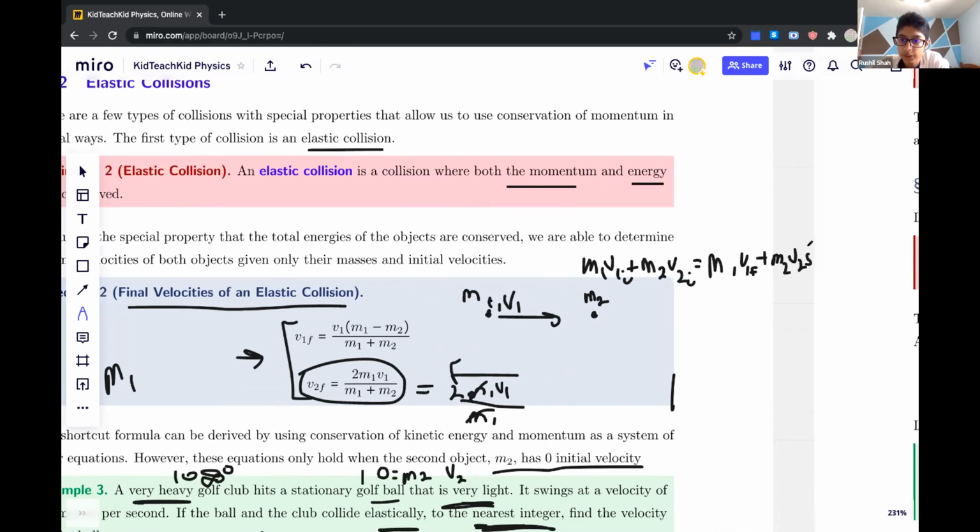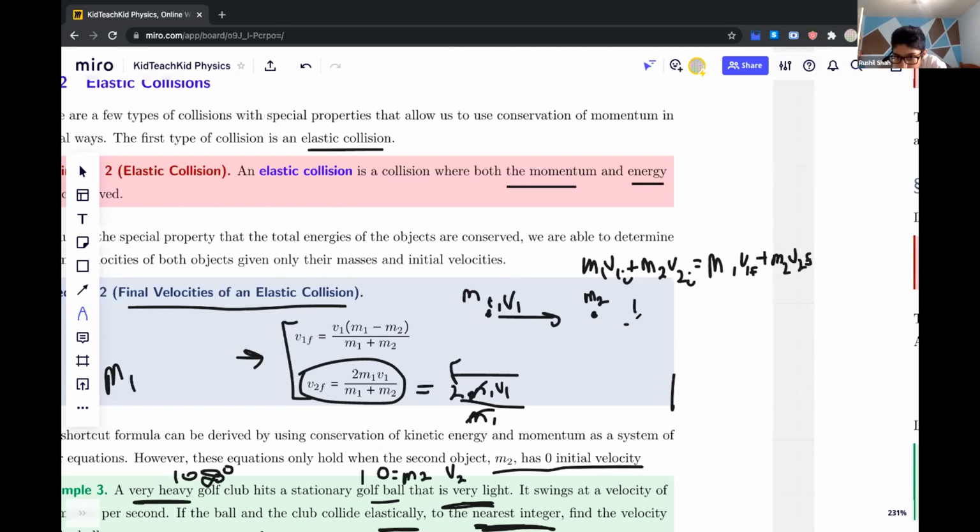So this is what conservation of momentum tells us. And we can also use conservation of kinetic energy to derive this because we know that kinetic energy is conserved because it's an elastic collision.